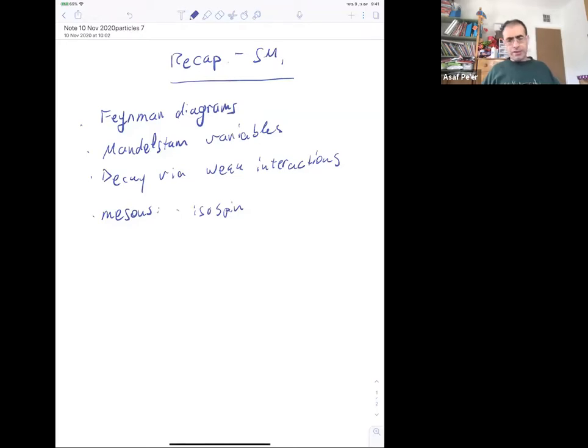And that relates to the symmetry groups of the mesons. That's why the pion plus is composed of an up and an anti-down quark, the pion minus is an anti-up and a down quark, and the pion 0 is a combination, one over square root of 2, of up up-bar minus down down-bar.